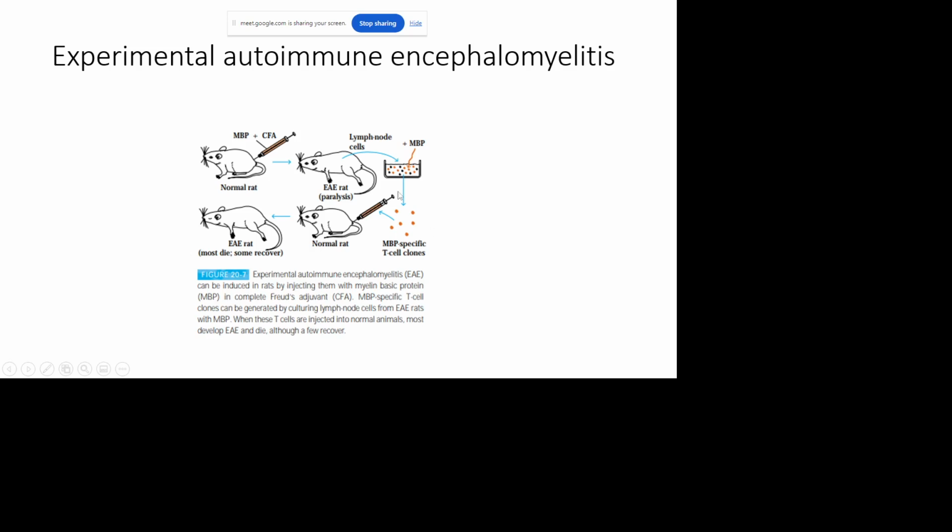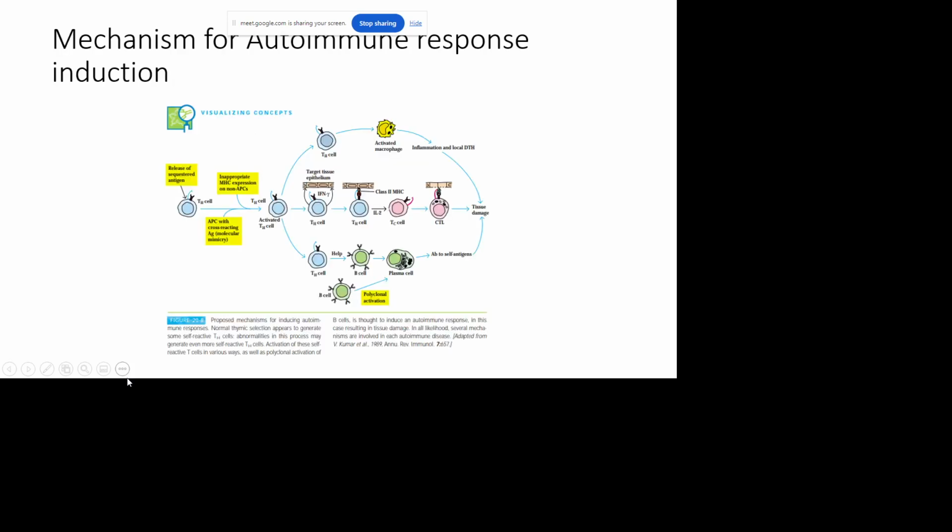Now these T cells, which are MBP specific T cell clones, will be injected into a normal rat, and this normal rat will develop EAE, which is an autoimmune disorder. So that's how you can experimentally induce autoimmunity, encephalomyelitis, in a normal rat.